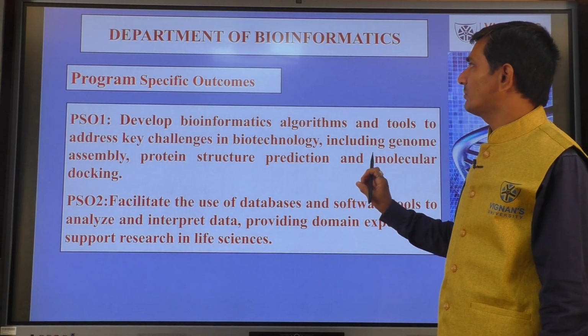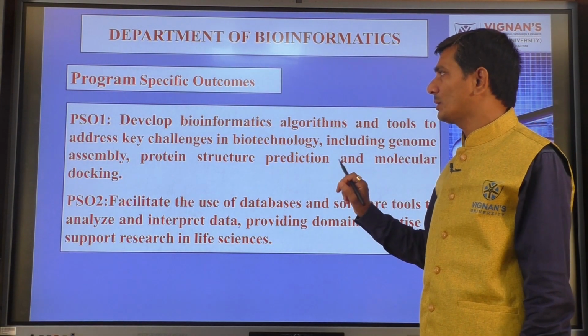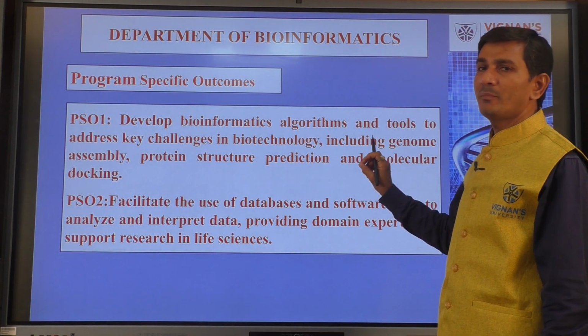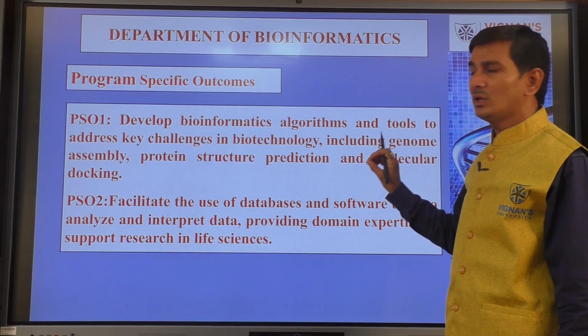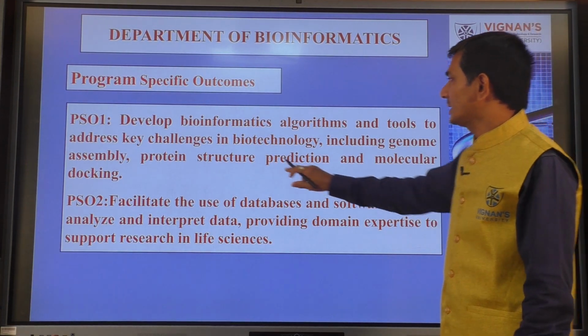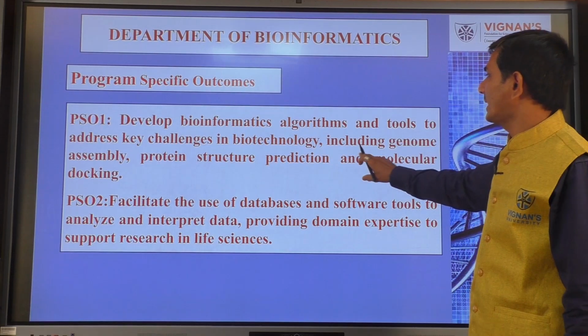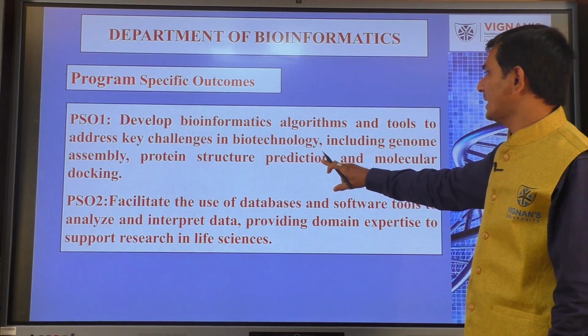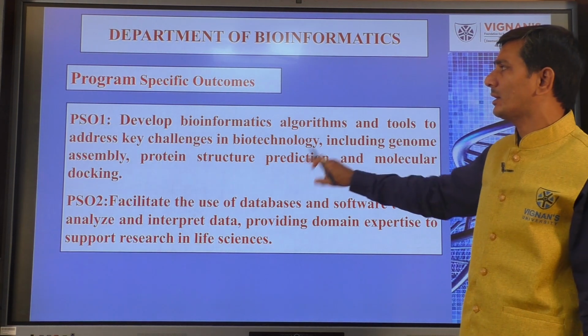The Department of Bioinformatics has 2 PSOs. Program specific outcome 1 is as follows: develop informatics algorithms and tools to address key challenges in biotechnology including genome assembly, protein structure prediction and molecular docking.